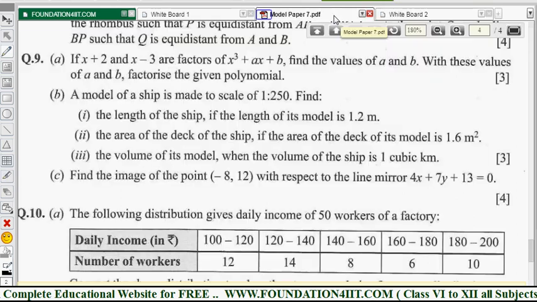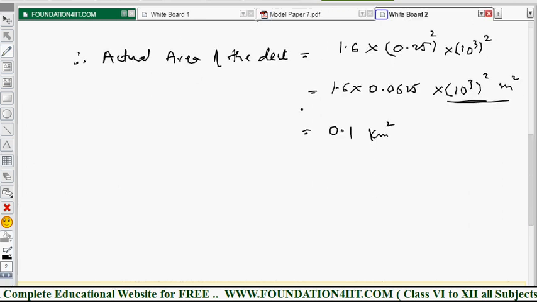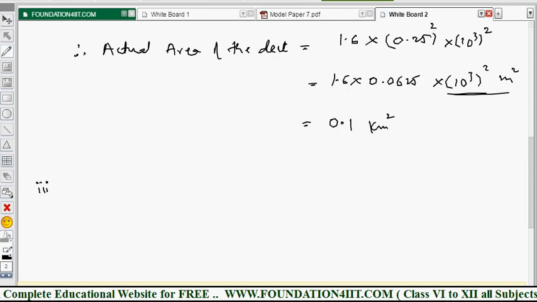And one more you need to find out in this, that is given here two things, that is volume of the model. You should find out. Whenever the volume, we need to apply k cube, when the volume of the ship is 1 cubic kilometer, right? And then let me take this, volume of model is equals to k cube, okay, into actual volume of the ship.